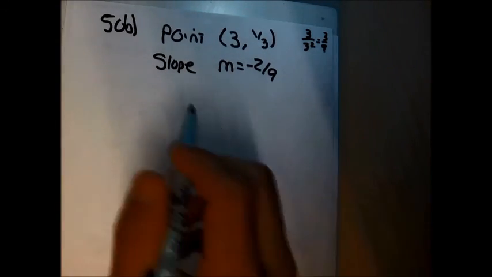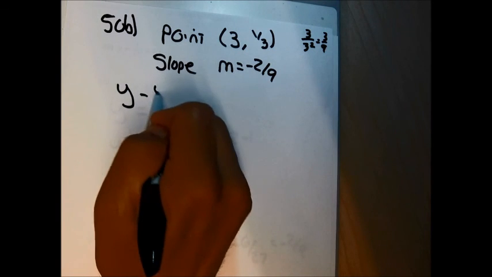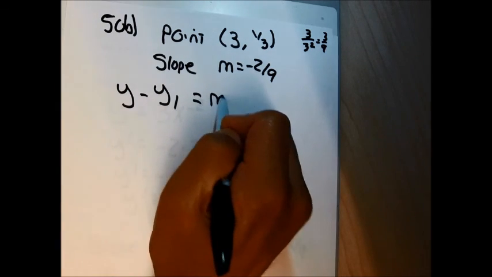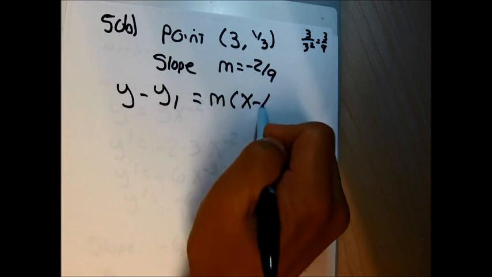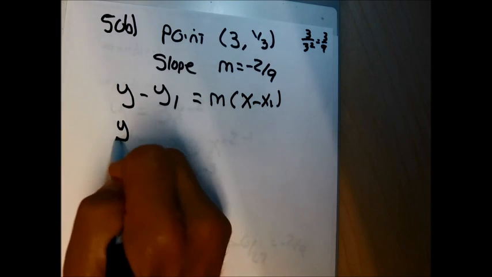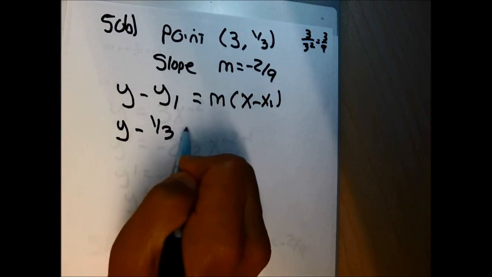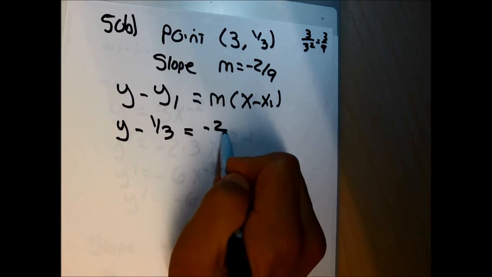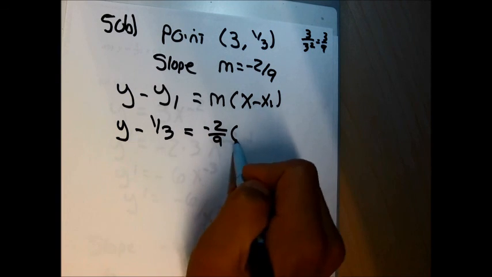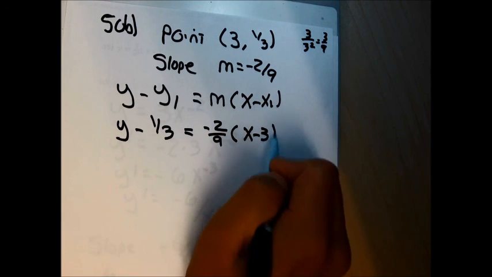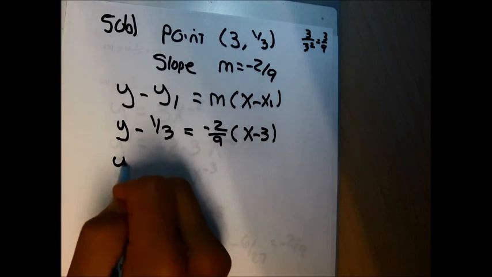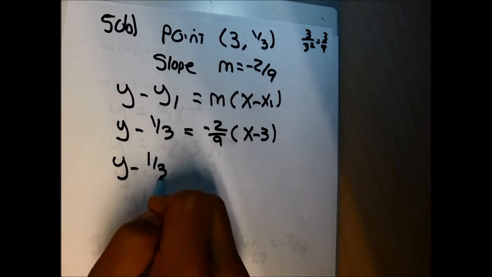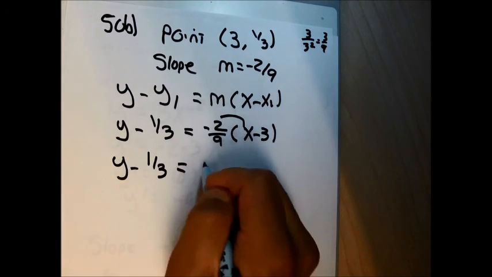So now to get my answer, I'm going to go y minus y1 equals m times x minus x1. That's going to give me y minus 1/3 equals m, which is negative 2/9, times x minus 3. It gives me y minus 1/3, and then I go minus 2/9 times x.